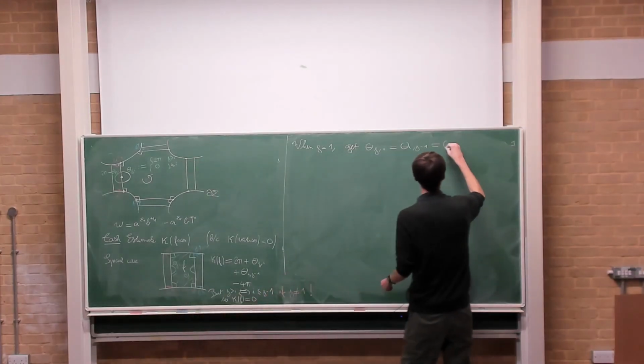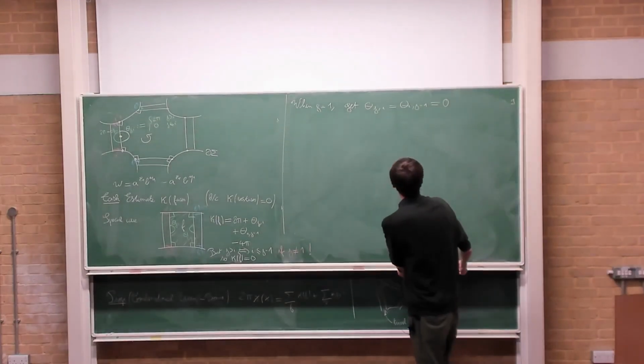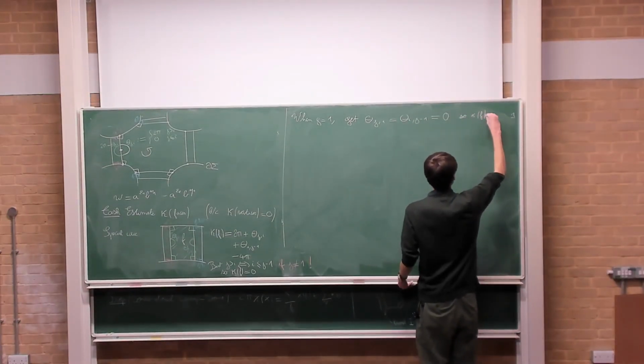They should both be 0. Hopefully I got the conversions right. They should both be 0, and then kappa of f is minus 2 pi.